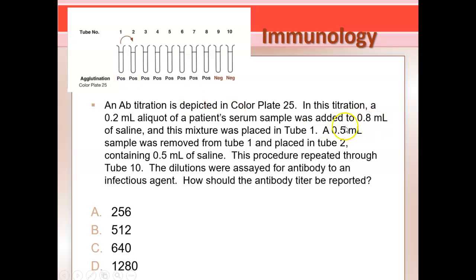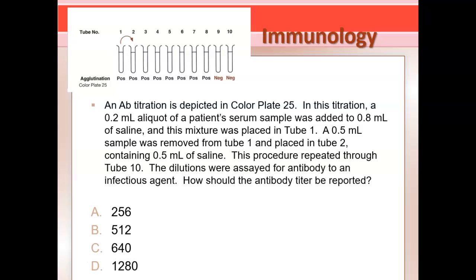Then you have 0.5 milliliters of sample removed from tube 1 and placed in tube 2 that has 0.5 milliliters of saline. Okay, so what is our dilution in tube 1? We have 0.2 milliliters of serum over 0.2 milliliters of serum plus 0.8 milliliters of saline.